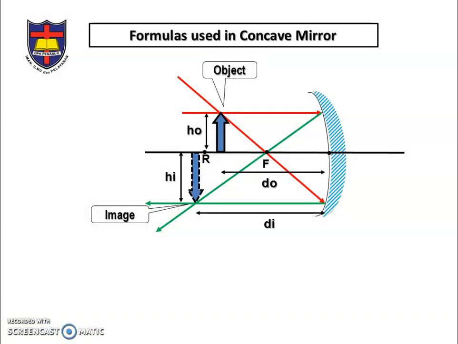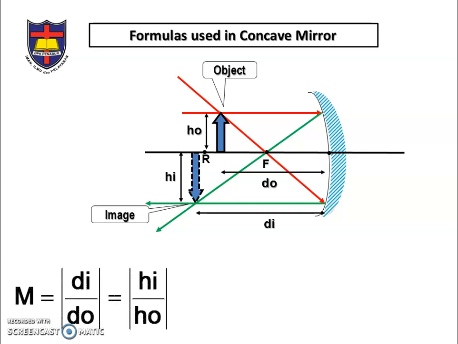There are several formulas used in a concave mirror. First, a formula to determine the magnification of an image.